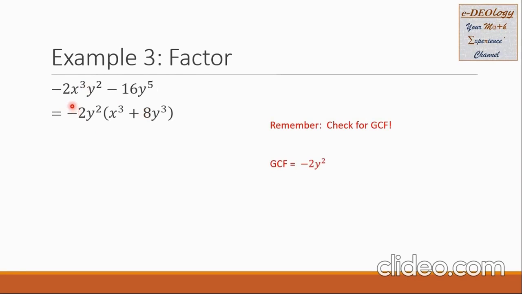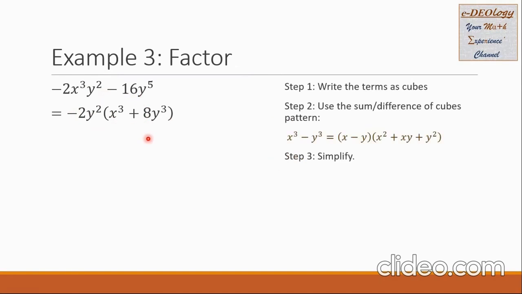I observe that the GCF is negative 2y squared. So when I factor out the GCF, the first term becomes x cubed. The second term becomes positive 8y cubed. And from here, we can now apply our steps in factoring sum of two cubes.